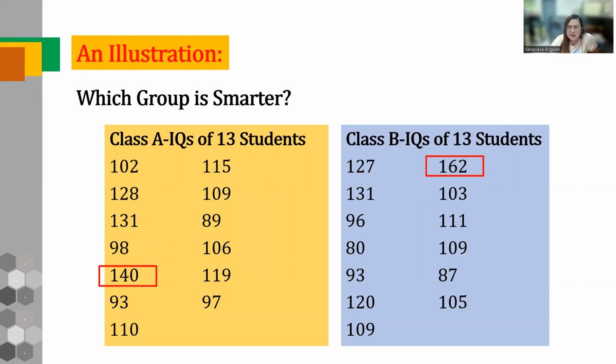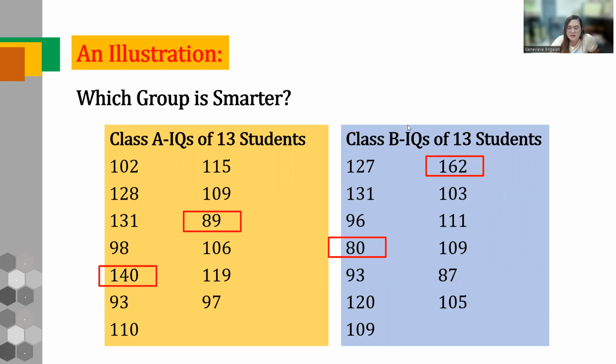So kung magtanaw lang ta sa highest nga score sa student sa each group, kaingon tanong nga si class B. Pero kung tanaw na to ang lowest, mas dako ang score sa lowest sa class A compared sa class B. So lisod maingon nga mas bright si class B or si class A kung kanang tan-awon lang nato is the highest and lowest nga scores nila.